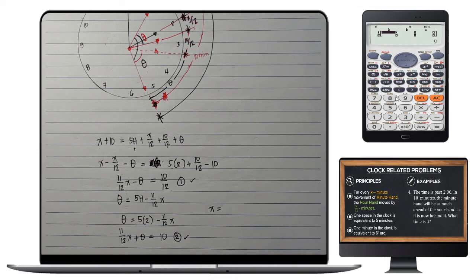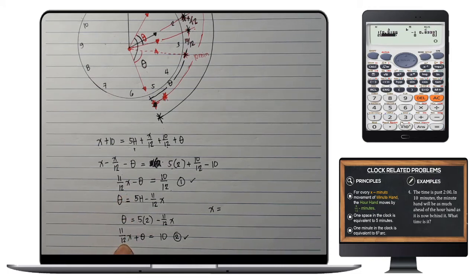So from equation 1, that is 11 over 12x, then theta is negative 1, then the constant is 10 over 12. So equation 2, that is positive 11 over 12. Theta is 1. Then constant is 10, equals. So this is our x.